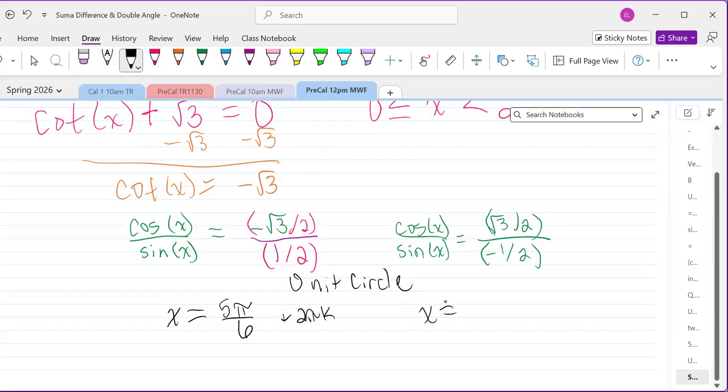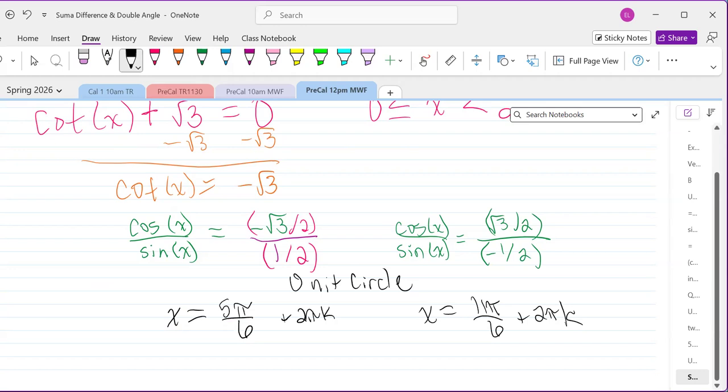And then our other location, cosine is positive, that's to the right. Sine is negative, that's down. So this is a quadrant 4 angle. The quadrant 4 over 6 angle is 11 pi over 6. Now the x value in there wasn't 2x or 1/2 x, it's just x.